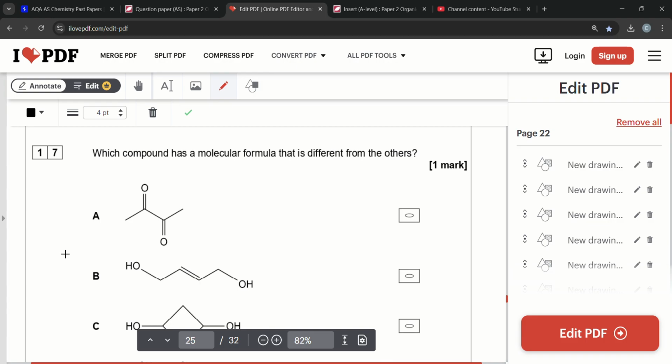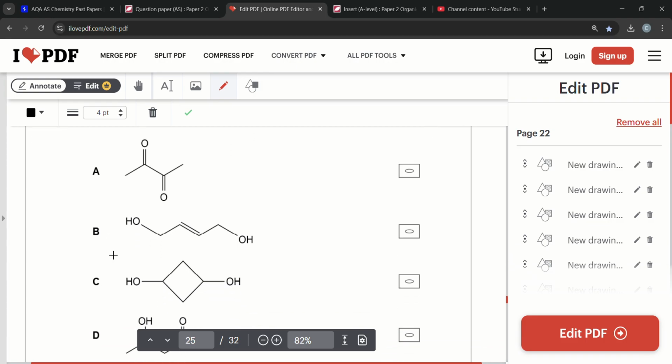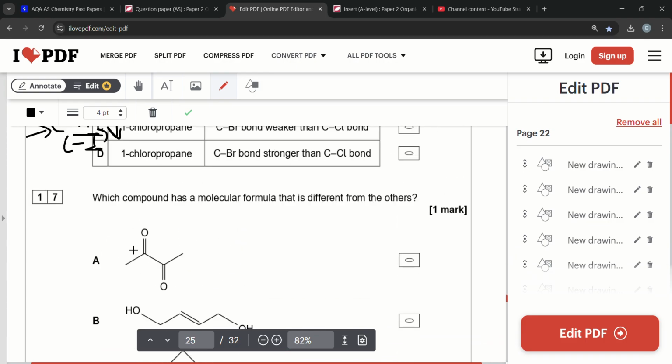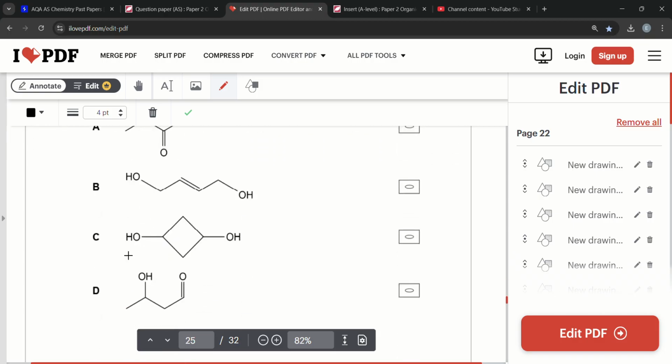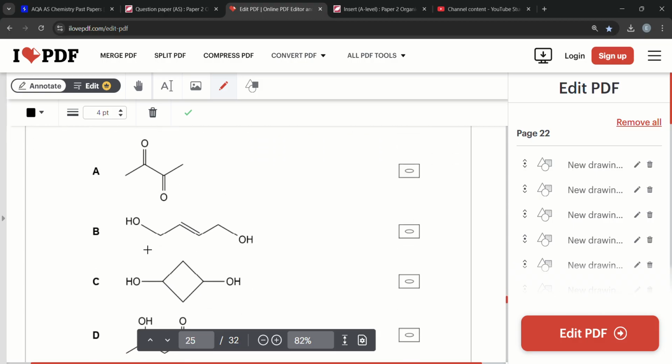Which compound has a molecular formula that is different from the others?